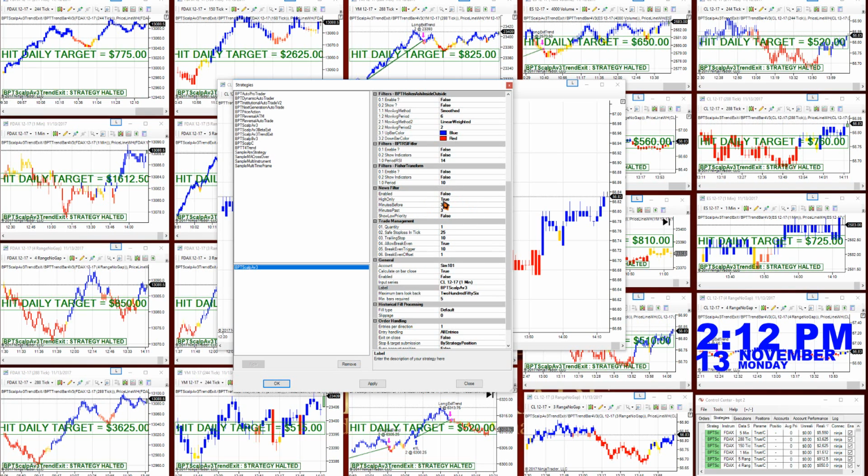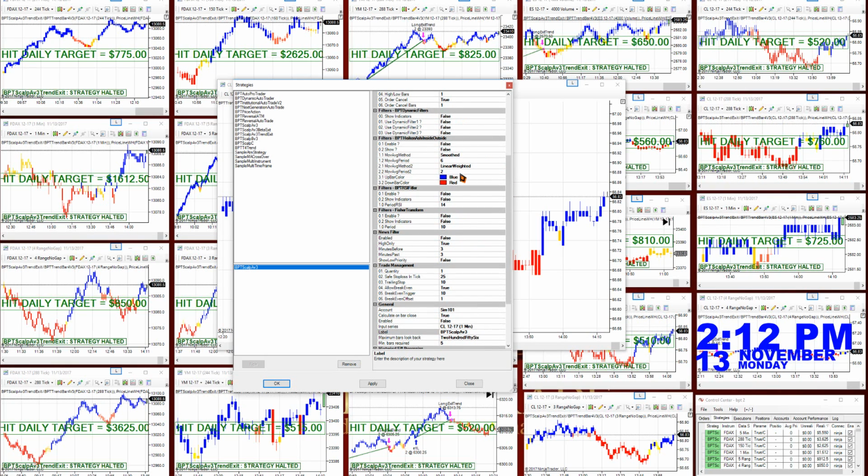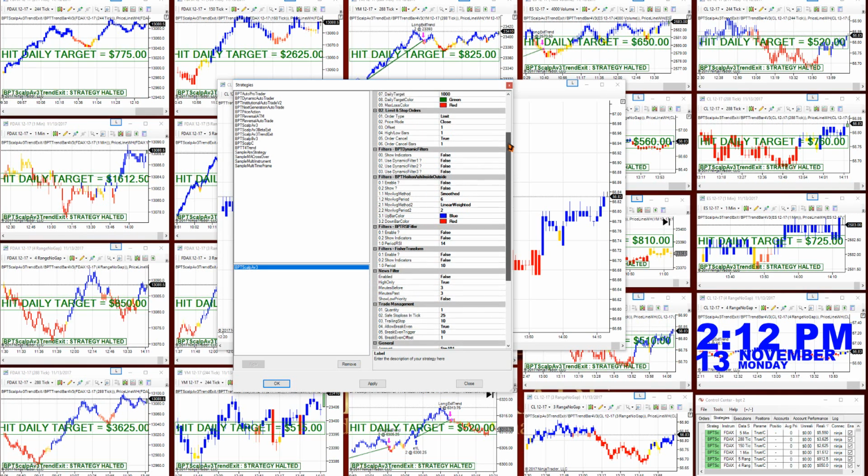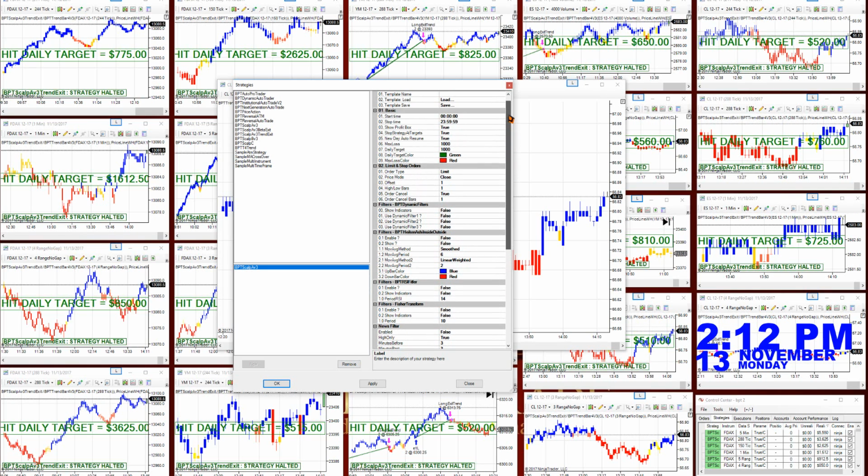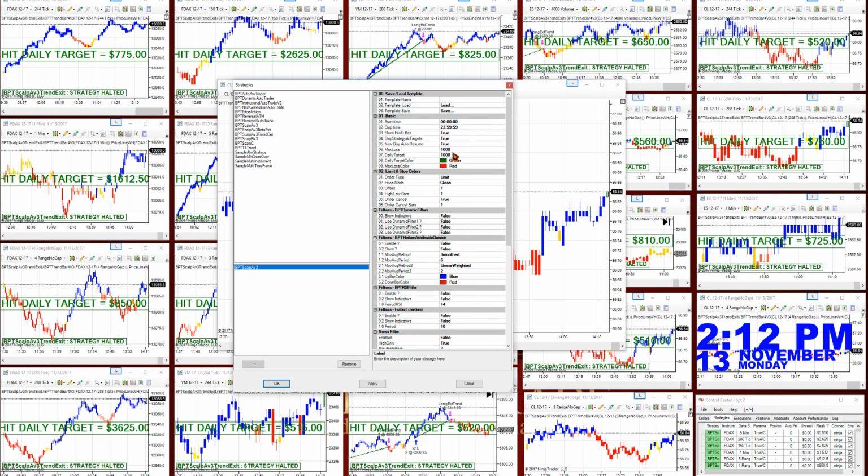Then you have the news filter, like any other auto trade. Then we have 3 filters here. It's optional to the trader, but the auto trade is already filtered. And then you have your daily profit and your losses, so you can determine how much you want every day.